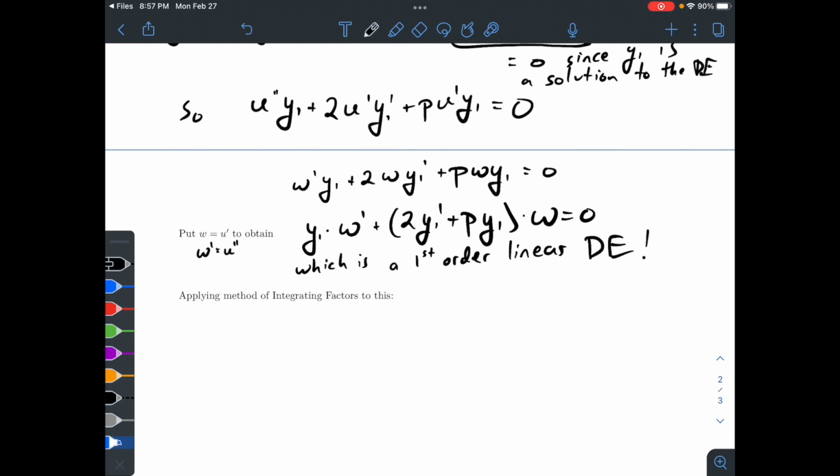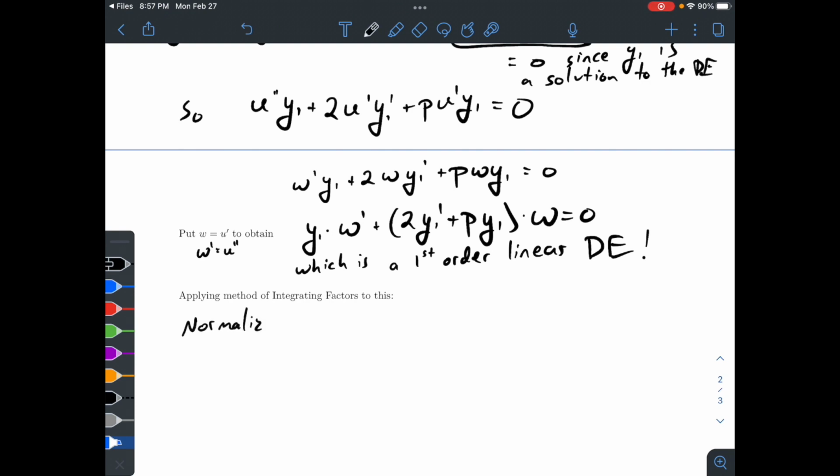So what's the integrating factor method tell us to do? Well, first thing that we have to do is normalize. Here we're treating w as the function that we are trying to find. So we'll normalize by dividing by y1.